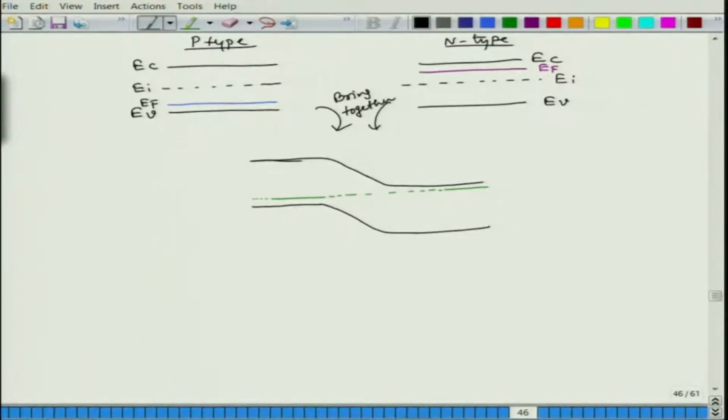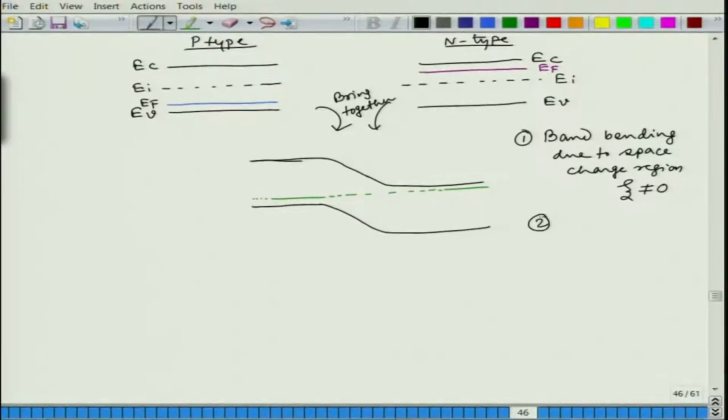So, here you see that the band is bending, band bending happening due to the space charge region, where the field is not equal to 0, is it not?